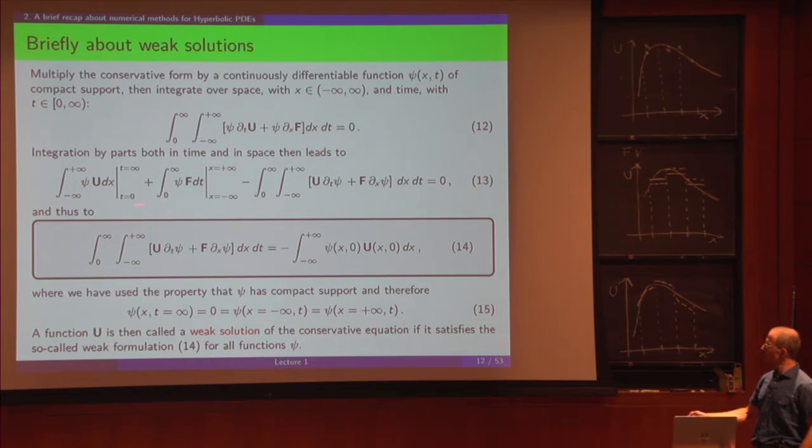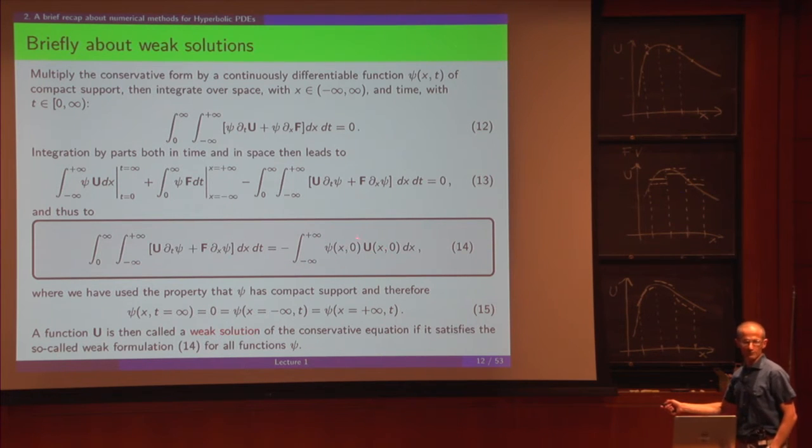And out of these 4 terms, only one will survive, which is this on the right-hand side, and is the one computed at time level t equals 0. And so when you get this relation, you say, all right, my solution U is a weak solution of the conservative equation if it satisfies this equation for any function psi, continuously differentiable with compact support.